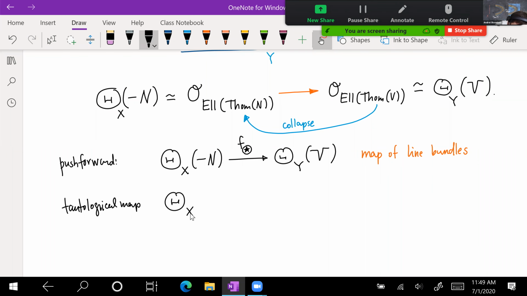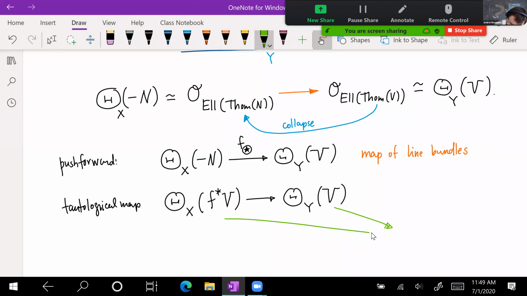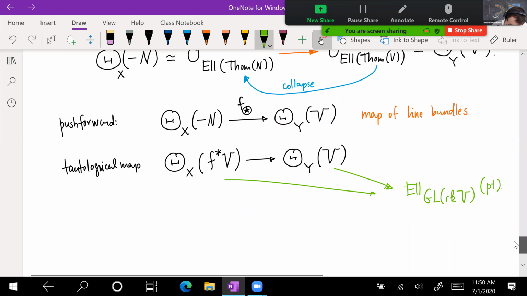We take the Thom space on X, and you take the pullback of V, and both are pullbacks, so they're both pulled back from the elliptic homology of, let me just write it like that, GL of rank V, point, right?